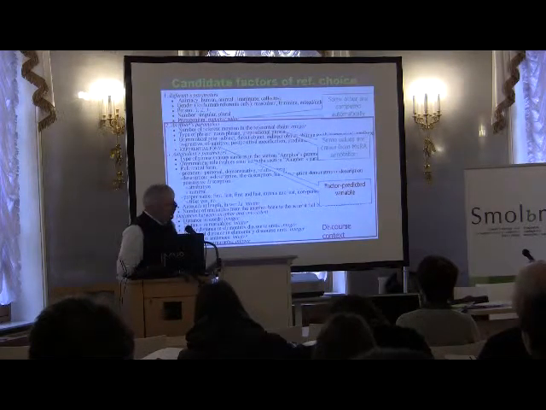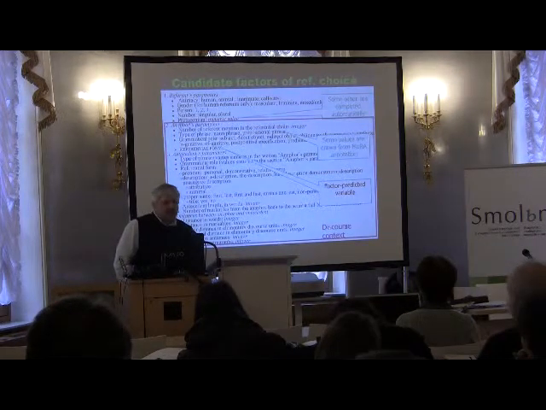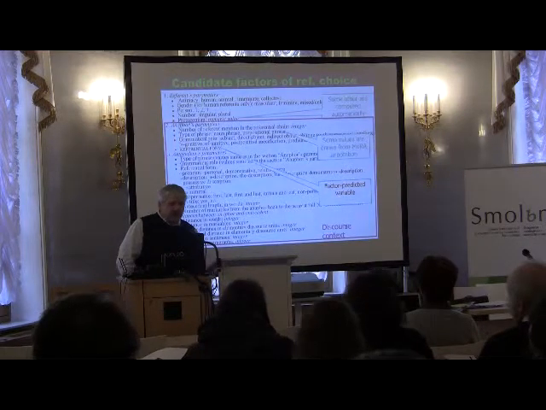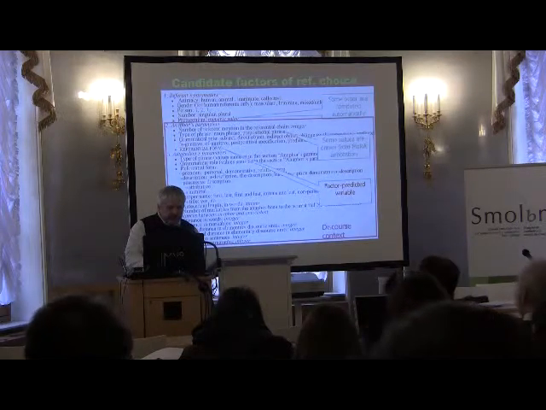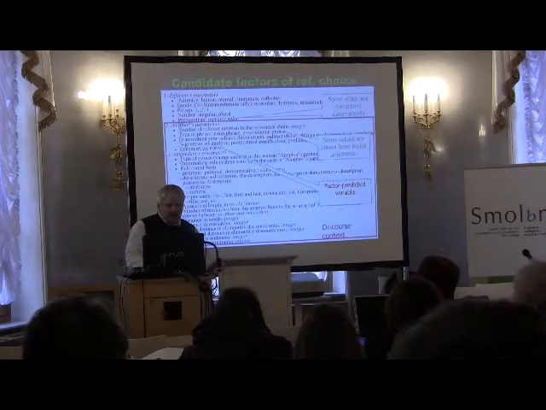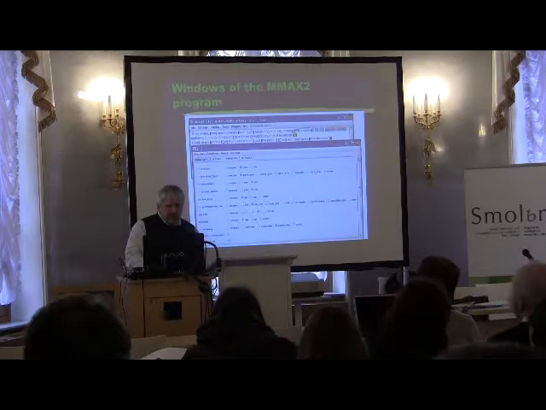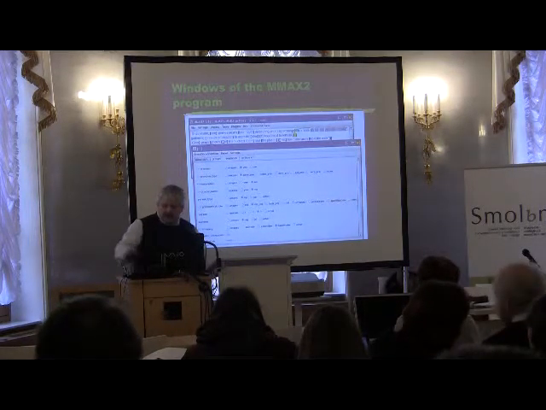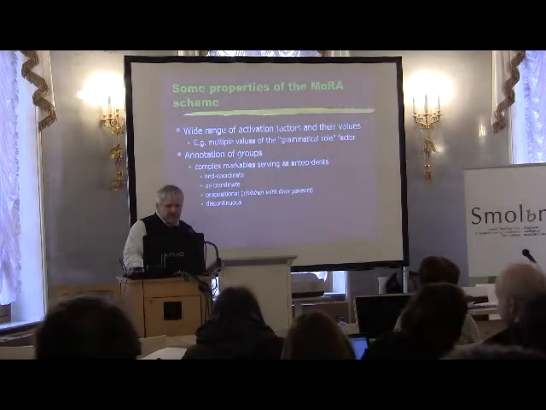For example, the so-called protagonism factor is computed via a certain computational procedure, but some other factors are extracted from our annotation. And referential form is the variable that is actually being explored, the predicted variable. We are using the MMAX2 program designed by a group of German computational linguists specifically for this kind of thing.